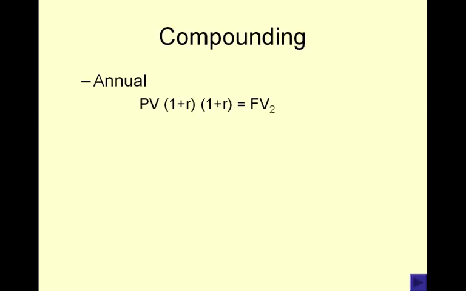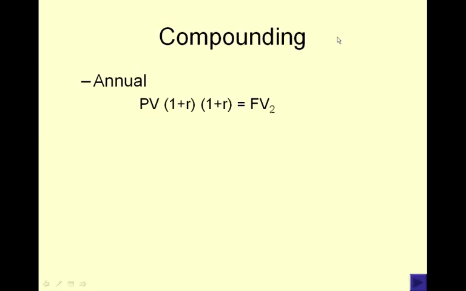But if we then allow both the interest that we've accumulated and the original principal to continue to be invested for a second year, we'll have this amount, which is the future value at the end of year 1, times 1 plus R for 1 more year in our interest accumulation process.